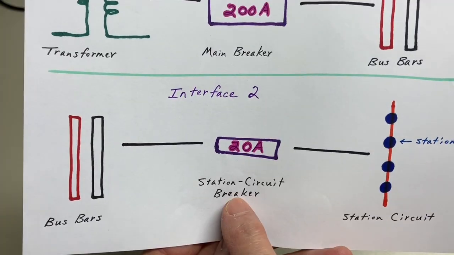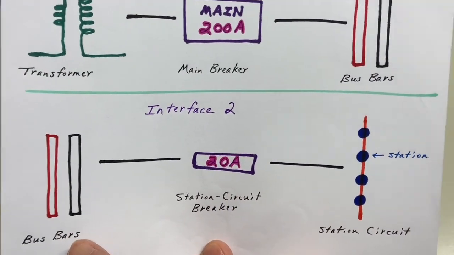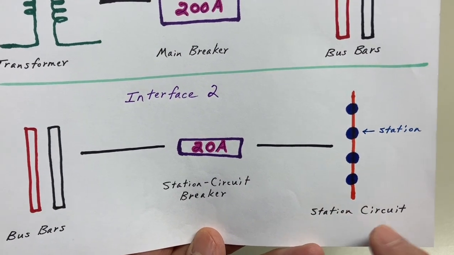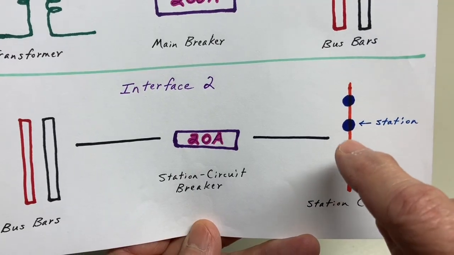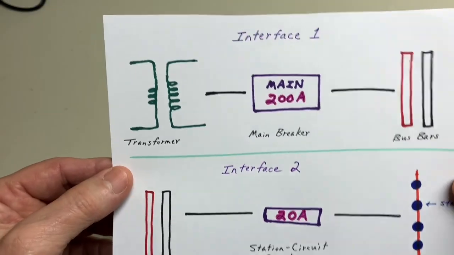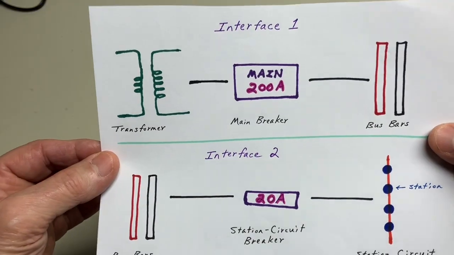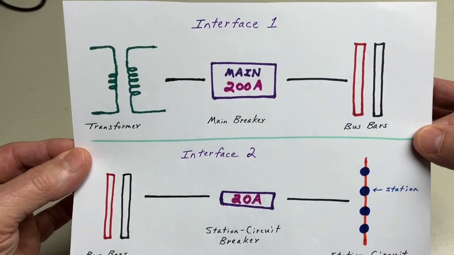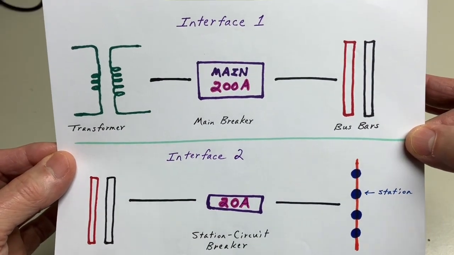That's an interface for your bus bars and your station circuit, which you would probably call a branch circuit. So here's your station circuit, and then here's your little stations. But you see that essentially you do have two interface actions happening in that one panel or that one station.